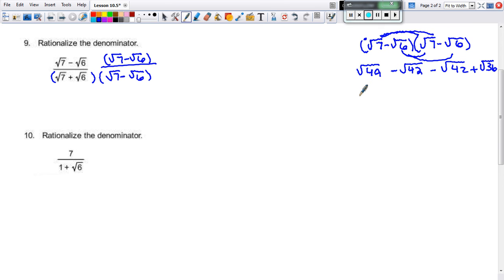So the square root of 49 is 7. I got 2 of these, so that's minus 2 times the square root of 42 plus the square root of 36 is 6. 7 plus 6 is 13 minus 2 times the square root of 42.